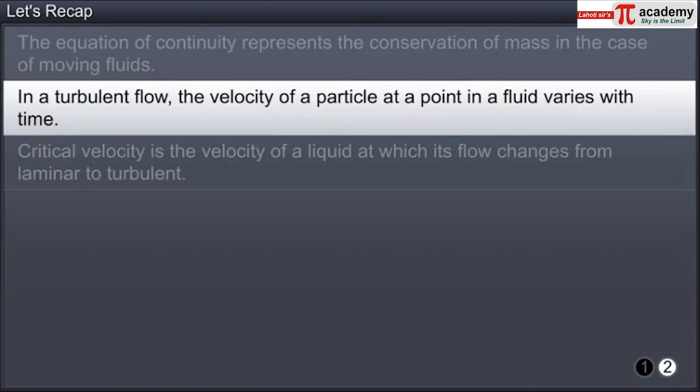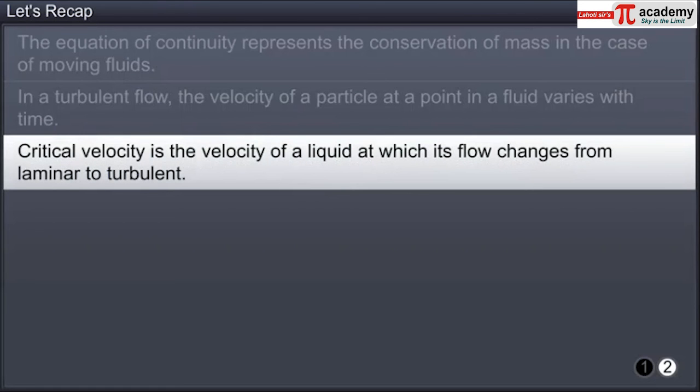In a turbulent flow, the velocity of a particle at a point in a fluid varies with time. Critical velocity is the velocity of a liquid at which its flow changes from laminar to turbulent.